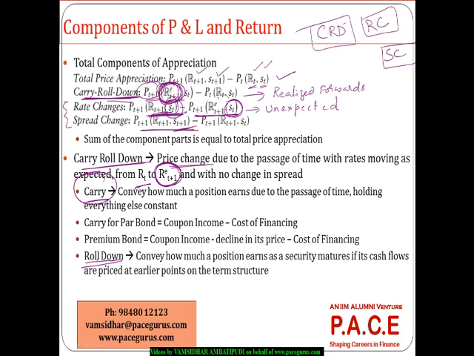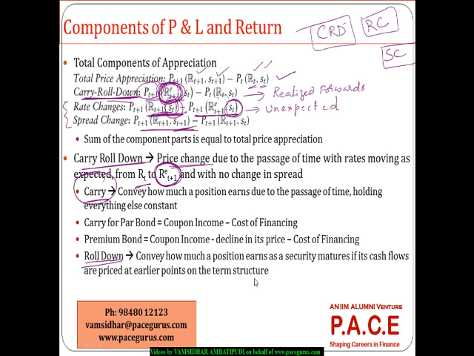And the roll down part is, as the security is maturing, if the cash flows are priced at the earlier points of the term structure, what is the scenario? That is the roll down component.